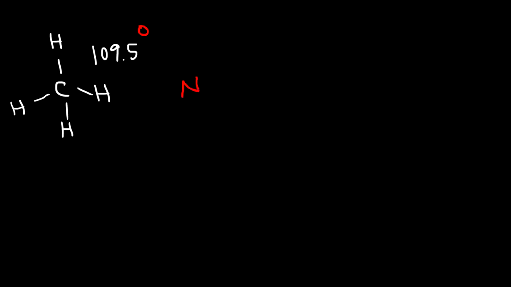Now, I want to put certain molecules together. So, for a tetrahedral structure, in the case of methane, it has 4 groups, 4 atoms attached to it. The bond angle is 109.5. Now, if we replace one of those atoms with a lone pair, as in the case of ammonia, we're going to get the trigonal pyramidal structure.